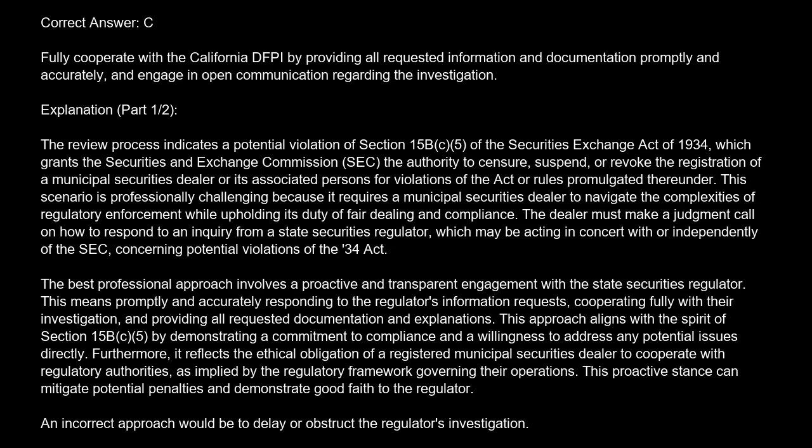Fully cooperate with the California DFPI by providing all requested information and documentation promptly and accurately, and engage in open communication regarding the investigation. Explanation.